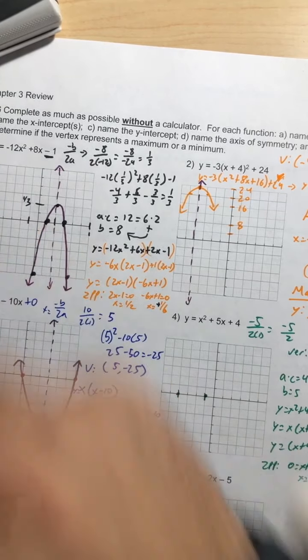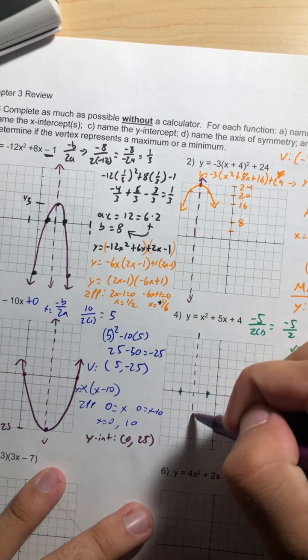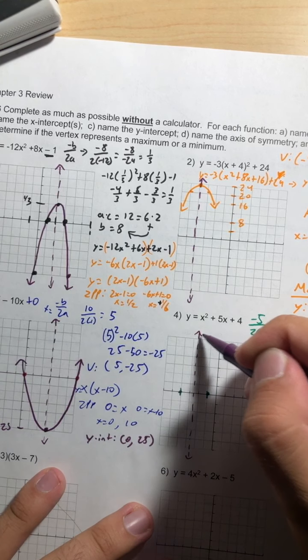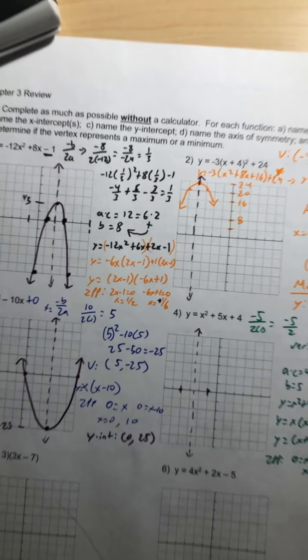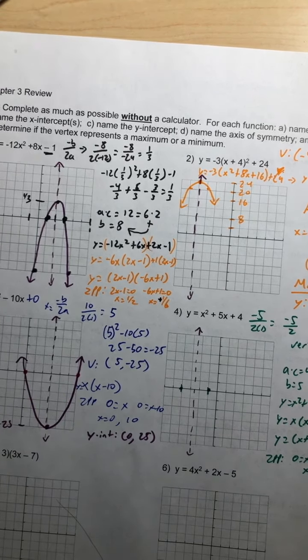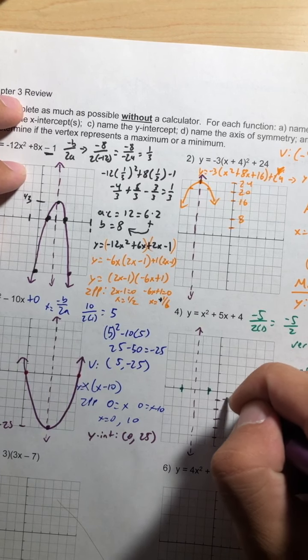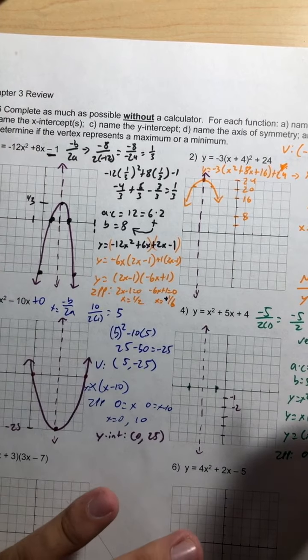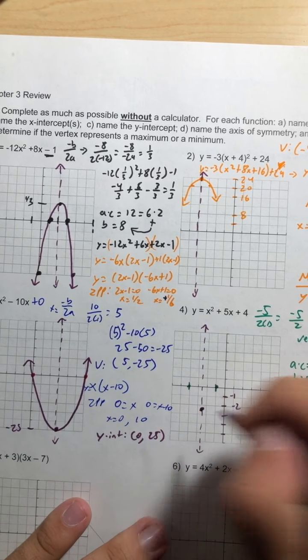And my axis of symmetry is going to be right in between those. There. And I'm at negative 9/4, which is like negative 2.5, so we'll just count these as 1s. So this is just over negative 2, so we'll say there.